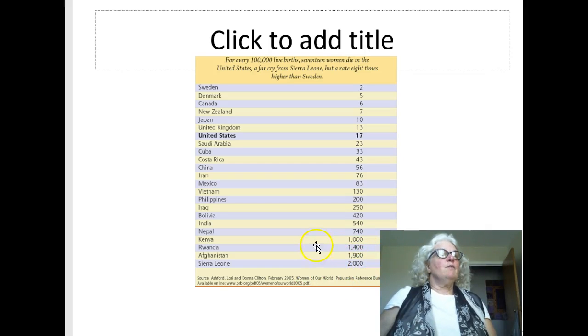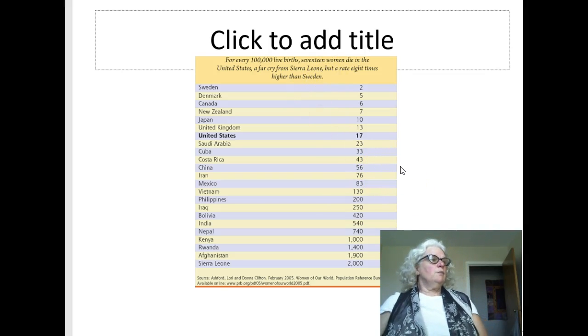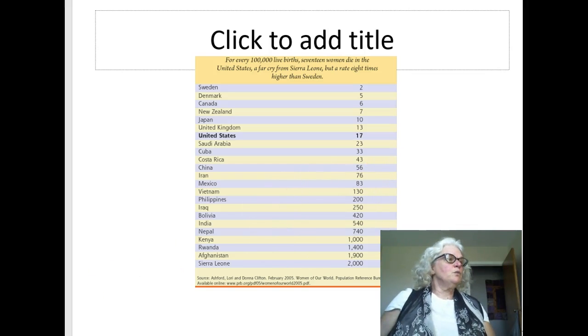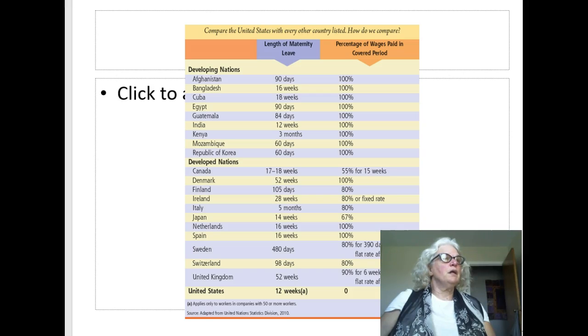It's a far cry from Sierra Leone, but it's 8 times higher than Sweden. And we see that our rates of death in that live birth category is pretty significant. We are not a country that provides a significant amount of health care.